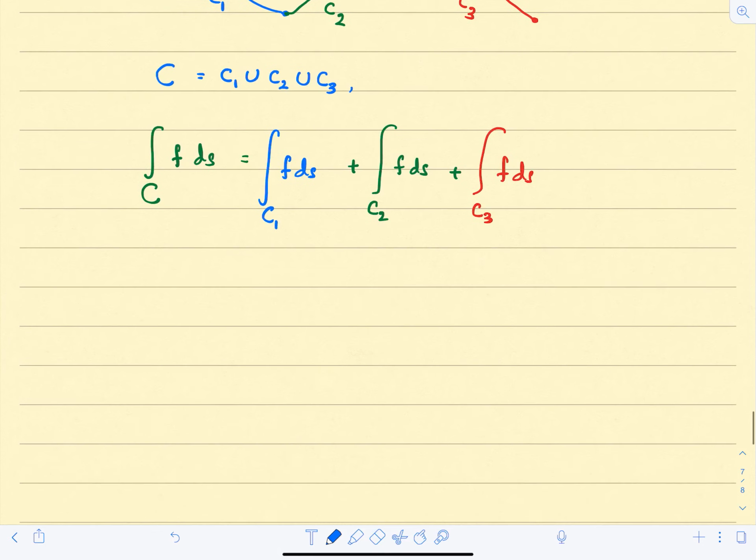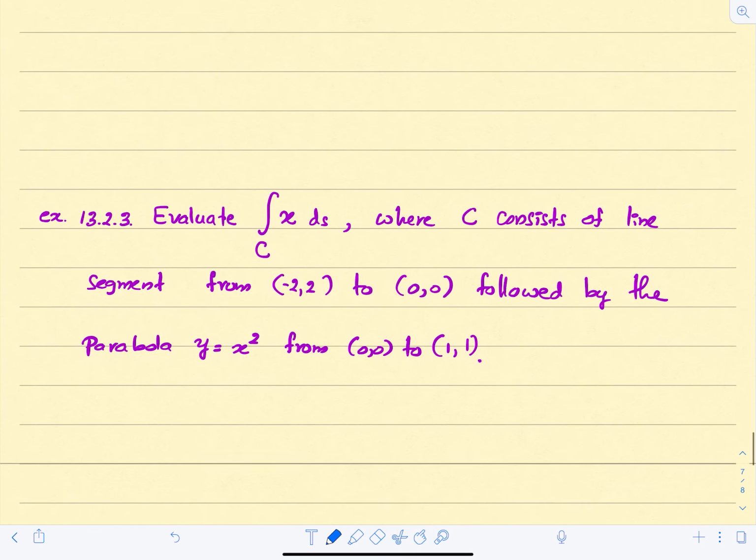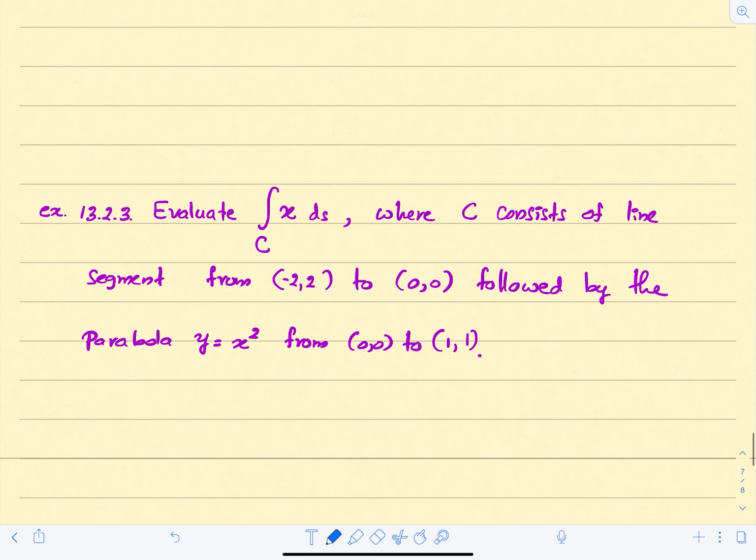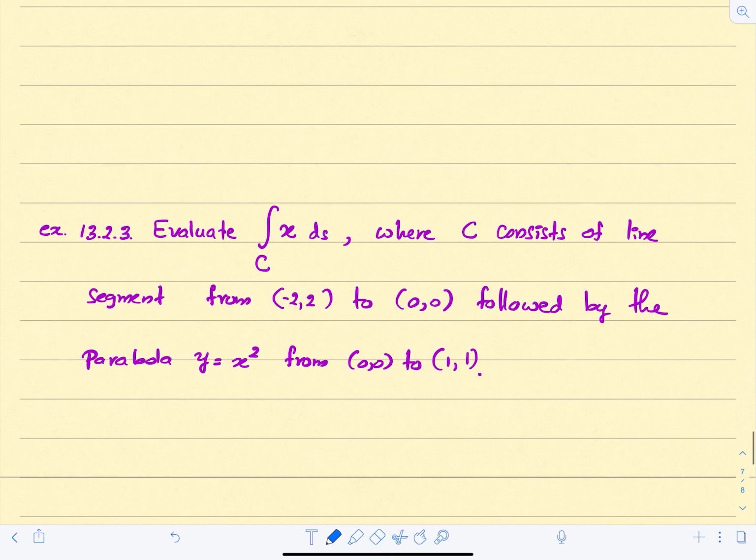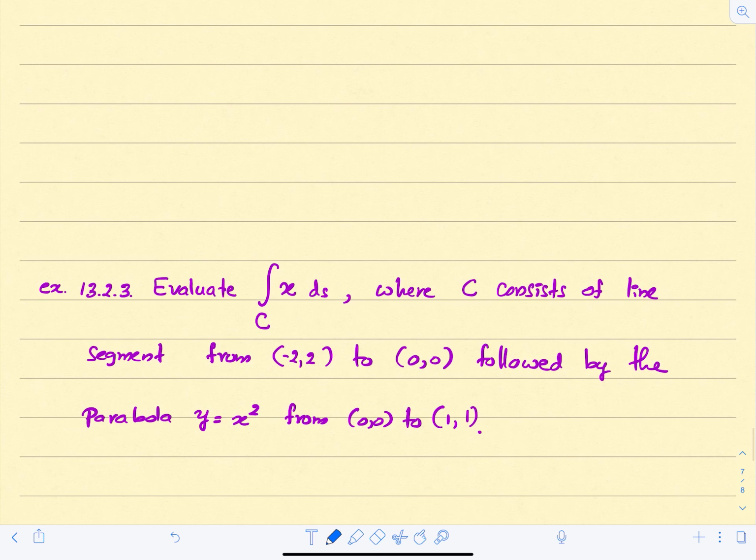Okay, now let's go to the next example. Now here we want to evaluate the line integral of x ds over the curve C, and our curve C consists of two segments.